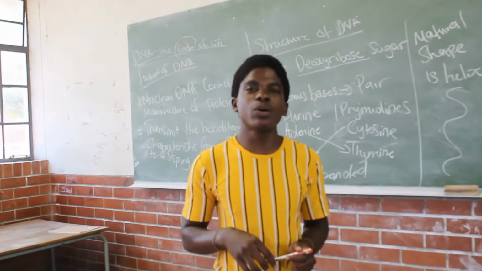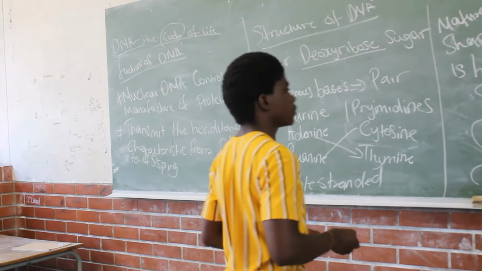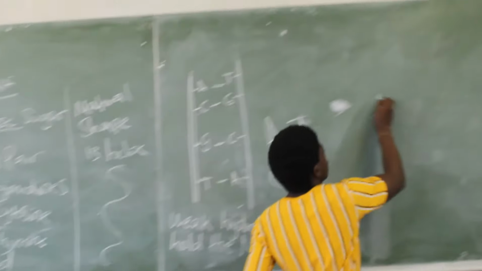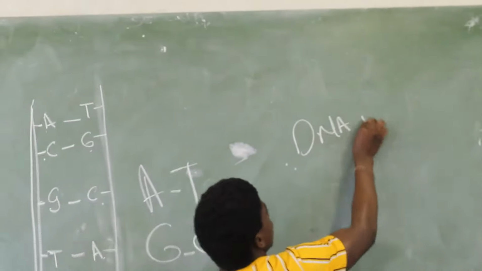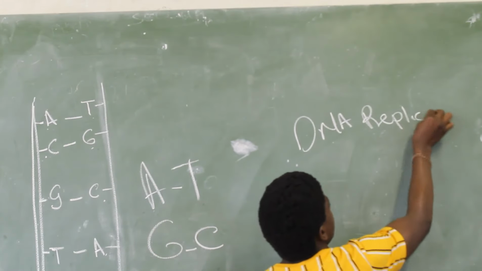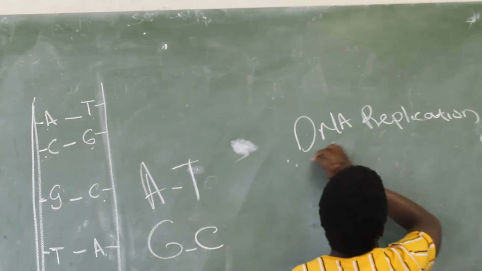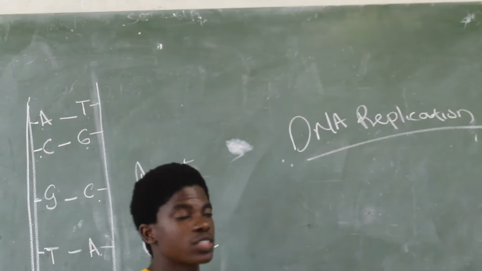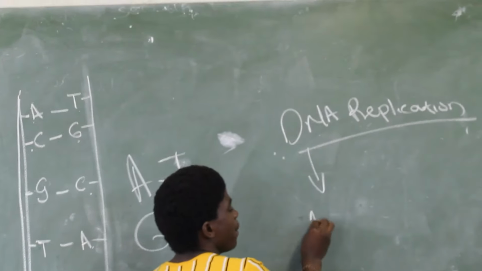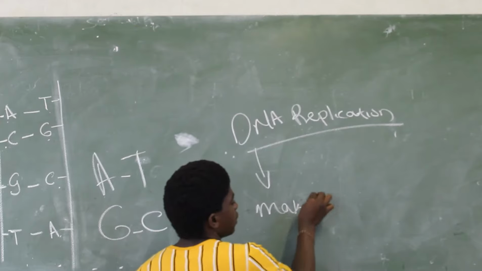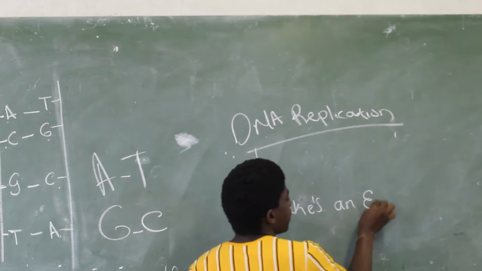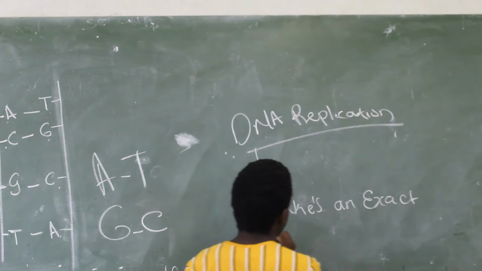When we are talking about DNA replication, this is a process whereby DNA makes an exact copy of itself.